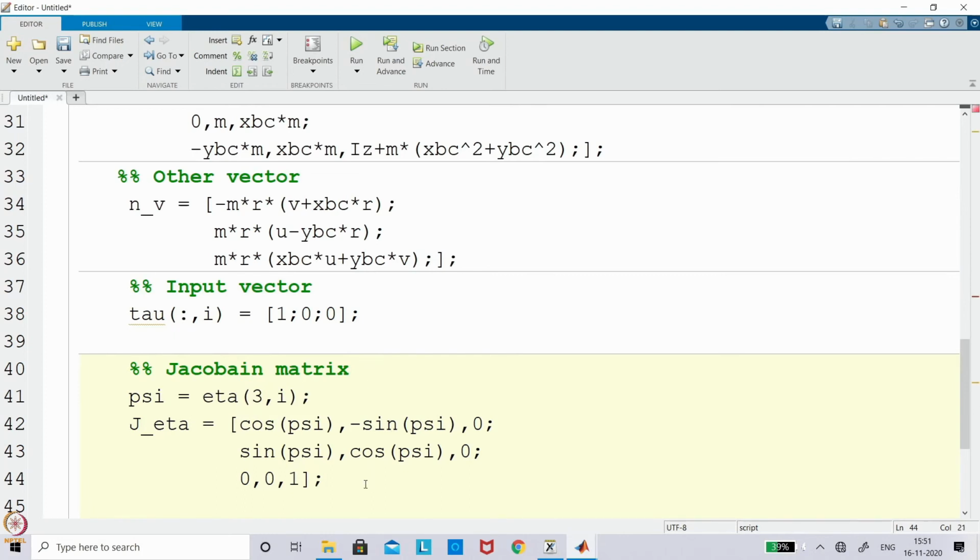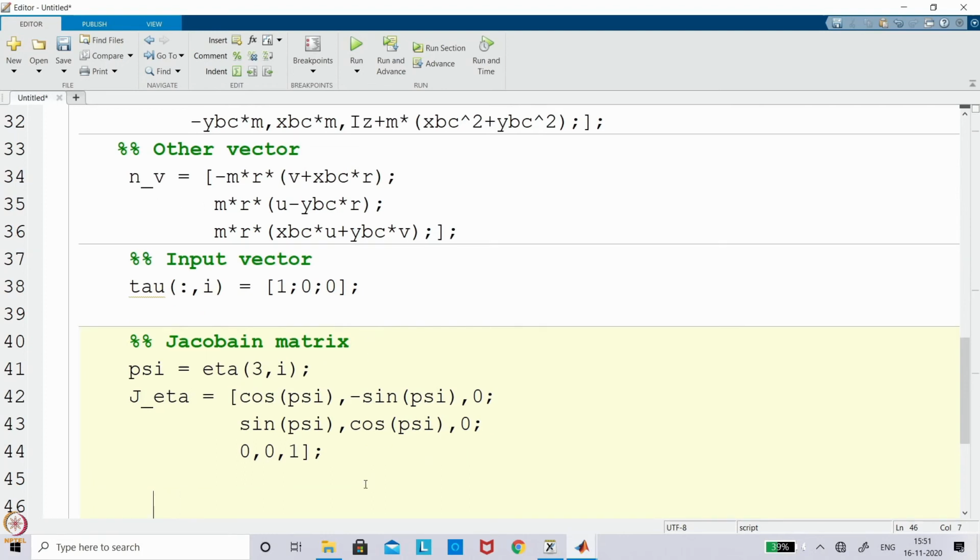Okay, so now we can do the integration. The first one is that I am writing zeta dot at the ith instant. So this would be the inverse of D multiplied with tau at the ith instant minus the n vector. This is what you would do for zeta dot.